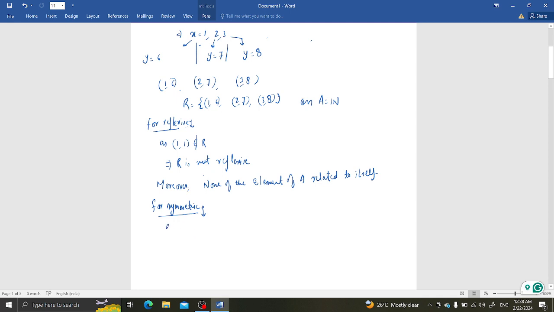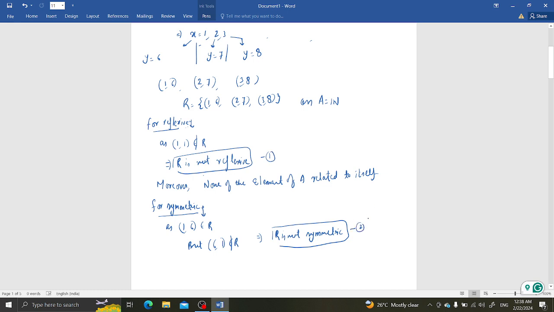But we clearly observe that (1, 6) belongs to R, yet there is no element starting with 6, and (6, 1) does not belong to R. This implies R is not symmetric. Here R is not reflexive, and here R is not symmetric. It's your choice; you can take (2, 7) also, or (3, 8).